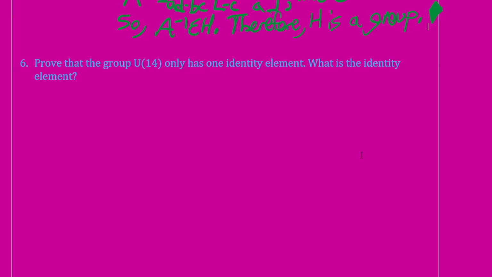So let's move on to problem 6. We are asked to prove that the group U14 has only one identity element. So what is the identity element? For proving this, let's write out a proof strategy.